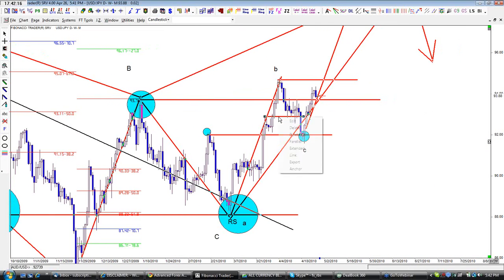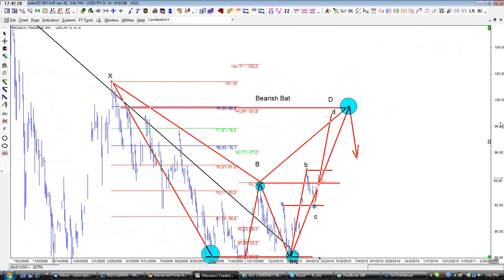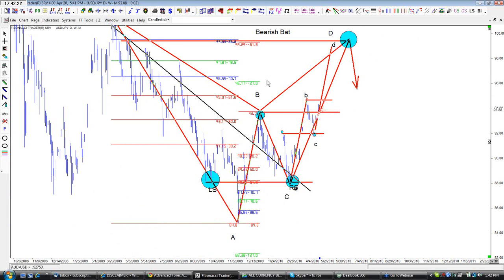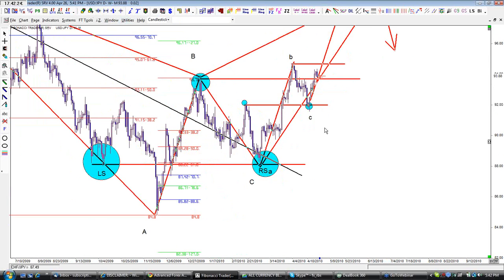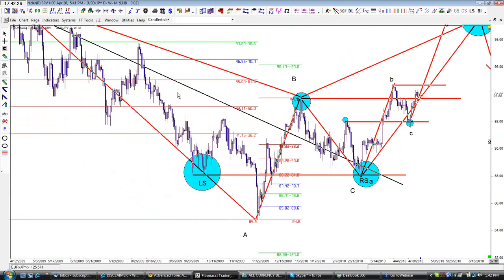Oh, this chart looks probably very confusing, but I have a few patterns here. The first pattern that I had was this bullish head and shoulders with left shoulder, this blue circle, right shoulder.